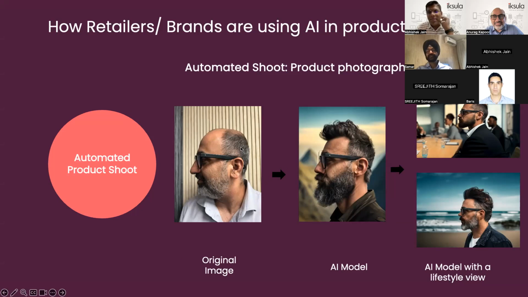Yes. Basically, what we use is essentially the angle that you are in, Anurag, right? The angle and the image as a base. And then we leverage multiple AI models to generate these specific images.